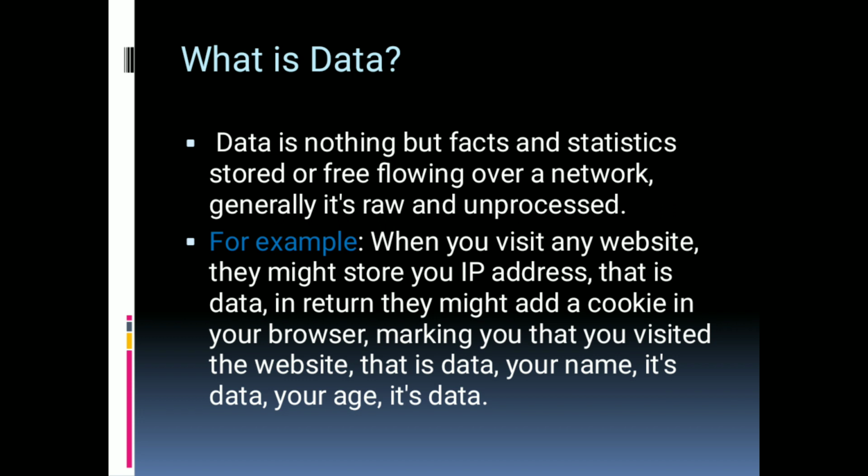It may be anything, in the form of text. We'll see one example. When you visit any website, they might store your IP address, that is data. In return, they might add a cookie in your browser, marking that you visited the website. That is data.